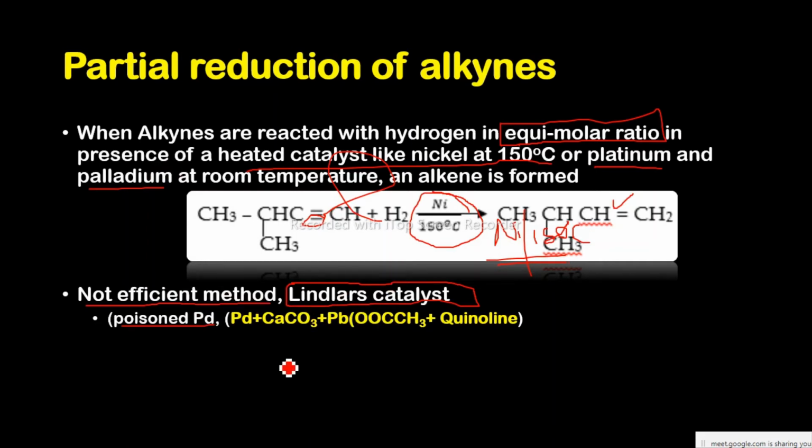And how did he poison it? You get palladium and add calcium carbonate plus lead acetate, then you add quinoline, an organic solvent, and you produce Lindlar's catalyst.